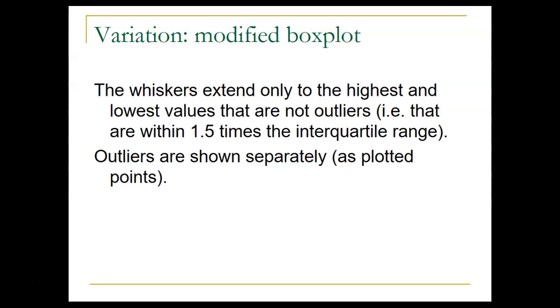A variation on the basic box plot that we've talked about here is what's called a modified box plot, and that's where the whiskers, instead of extending out to the highest and lowest of all the values, extend only to the highest and lowest values that are not outliers, that are not beyond 1.5 times the interquartile range of the box. And if you do have outliers, those would be shown separately as individual dots or circles or stars or something like that.